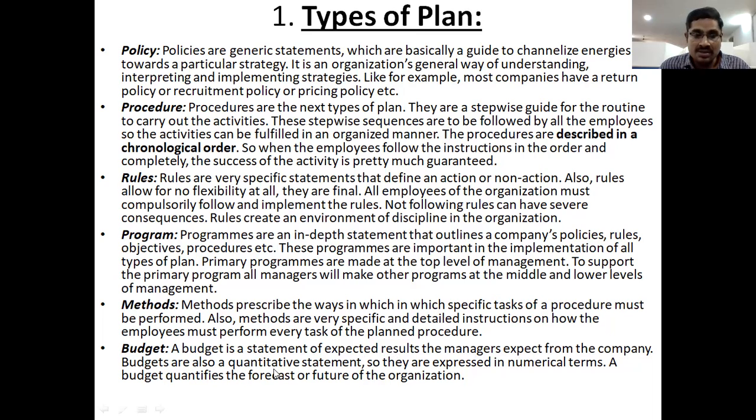Budgets are also quantitative statements, expressed in numerical terms, amounts. A budget quantifies the forecast or future of the organization. So future business activities need some money, so that estimation of amount comes under the budget, right?